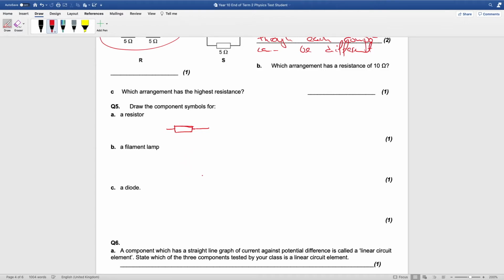Filament lamp, circle with a cross in it. Again, the wires touch the circle, don't go into the circle. And the diode, triangle, vertical line on the apex of the triangle, circle around that, and a line through the middle.